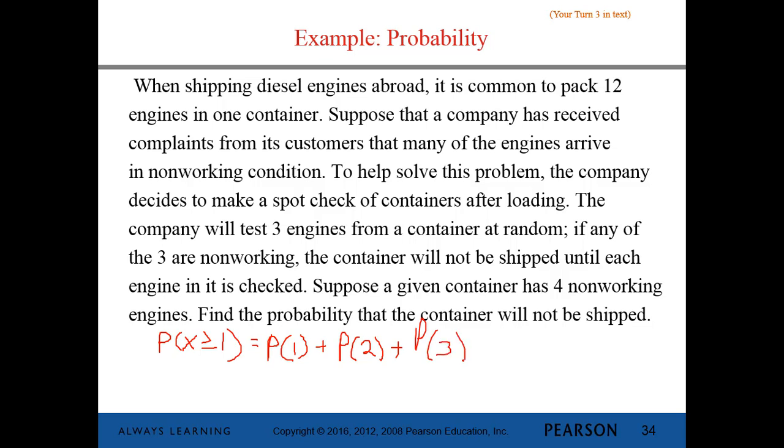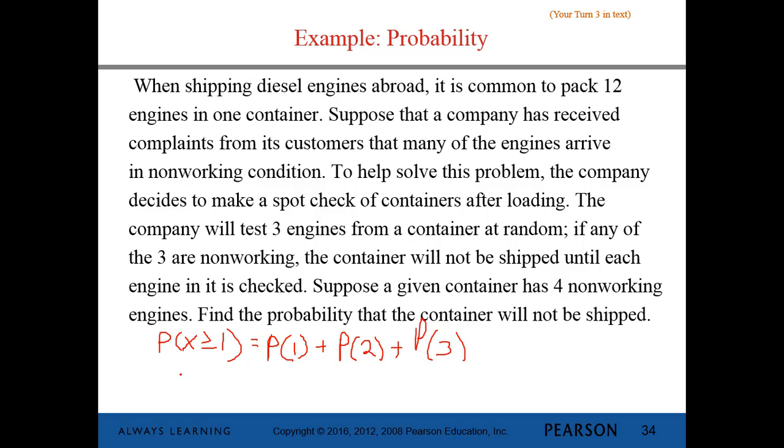So we'd have to do three calculations, find the combinations for each, and add up all three probabilities. But what does at least one mean? It means 1, 2, 3, or more. What's the complement of that? Well, you could either have one or more, or you could have zero.